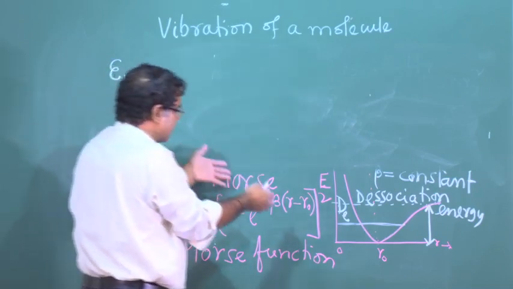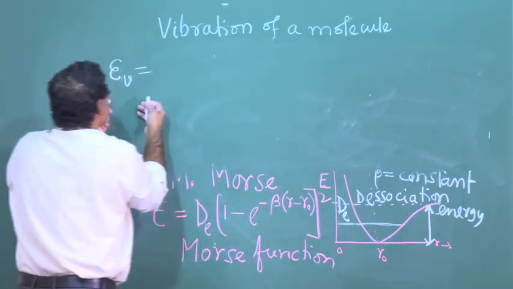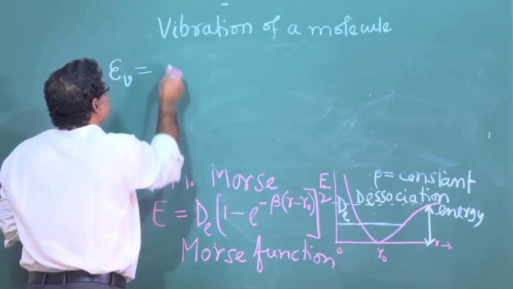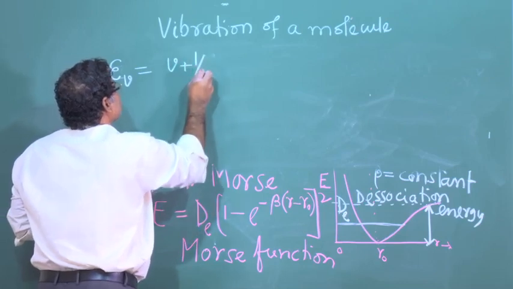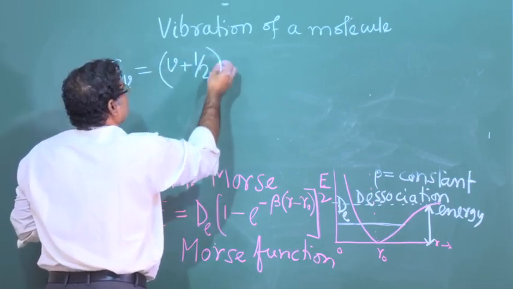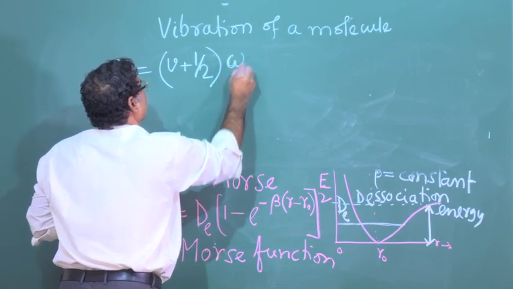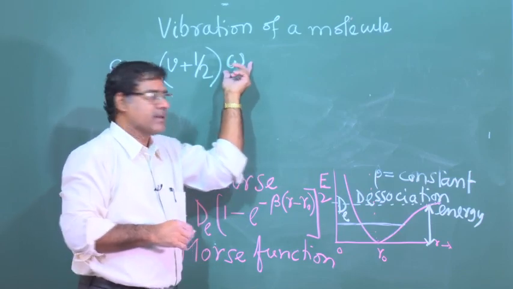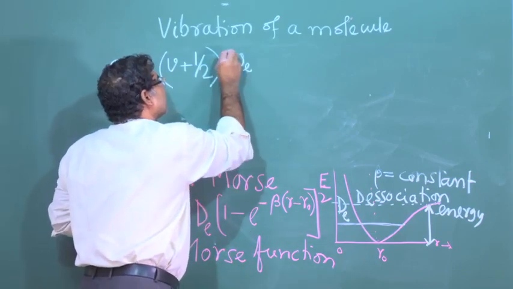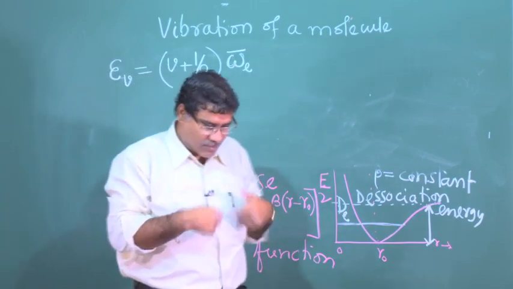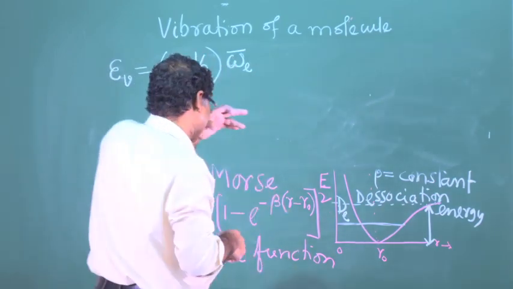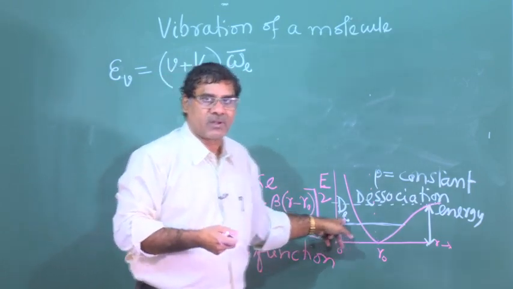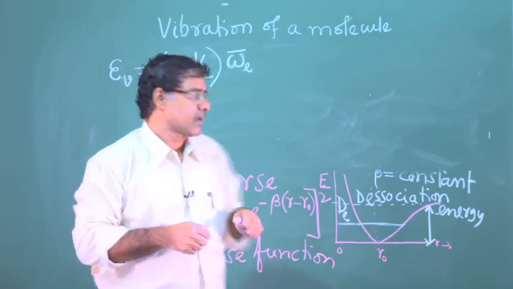This solution itself will tell us that the energy for a simple harmonic oscillator was V plus half omega 0 bar. Here I am writing omega e bar just for the anharmonic case, using this symbol for the anharmonic oscillator.